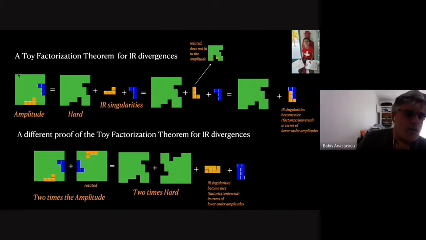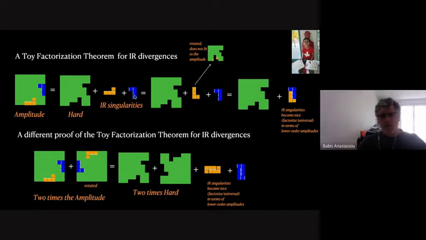So let's suppose you have an amplitude, and the divergent pieces are these Tetris pieces here. There are singularities. What the factorization theorem tells us is that we should be able to separate the divergent pieces from the amplitude, so we should be able to subtract them away.